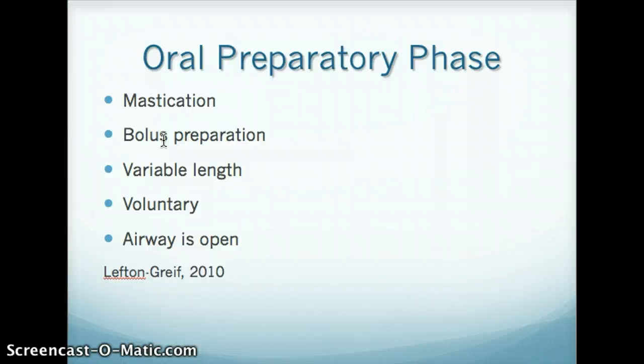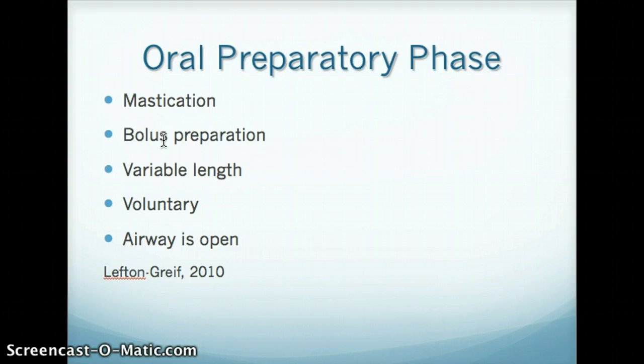You're chewing this food, pushing it onto your teeth, preparing it into a ball. The tongue helps keep the food in the oral cavity. The tongue moves the food onto the surface of the teeth for grinding, and then it pulls the food back into the oral cavity to mix with saliva. Typically in this oral preparatory phase, you are chewing between 15 to 30 times before swallowing.